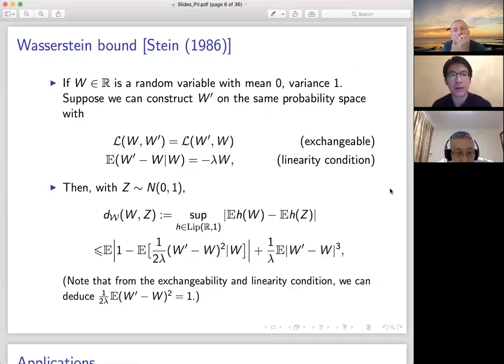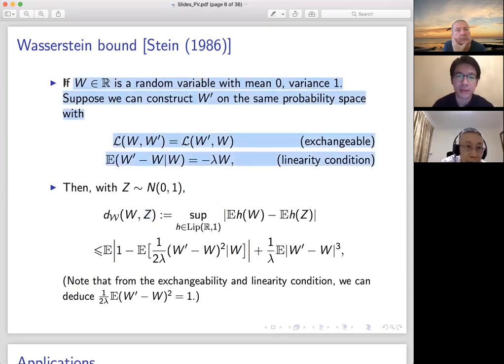So this is the main result of Stein. He provided an upper bound for the Wasserstein distance between W and the standard normal Z, assuming W has the above exchangeable pair structure.